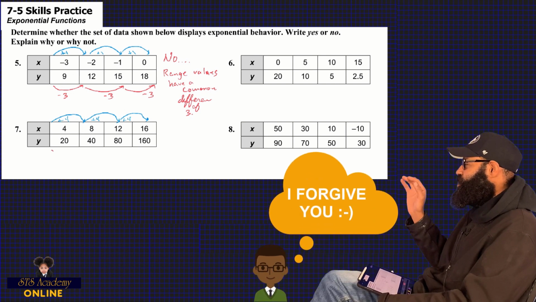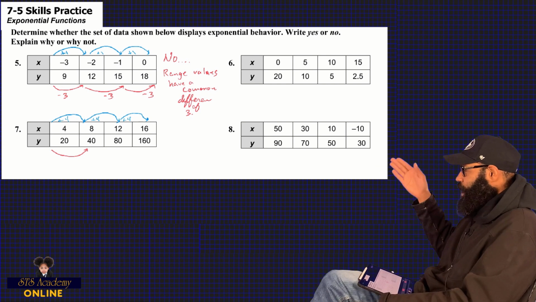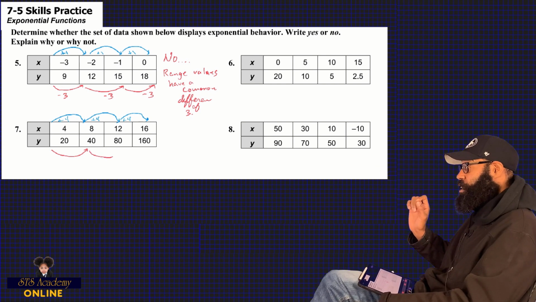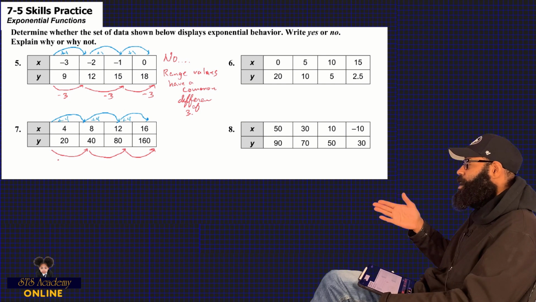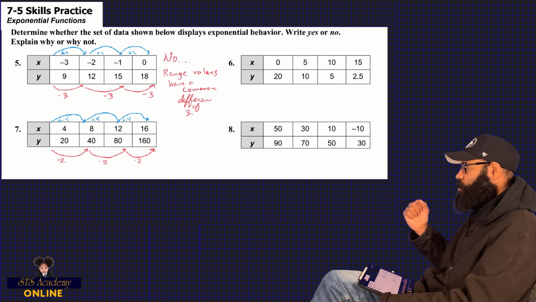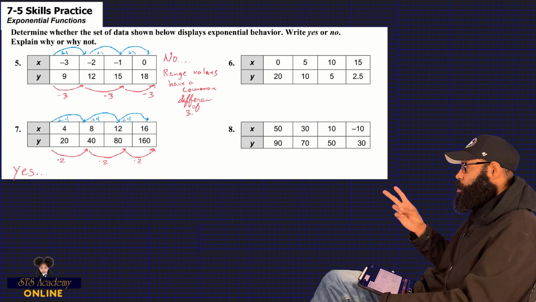Let's keep going. So 7, what's happening with the x value? Look, you see it, they're adding 4, they're adding 4. Now what's happening with the y value? They added 20, then they added 40, then they added, no, not adding, multiply. 20 times 2, 40 times 2, 80 times 2.